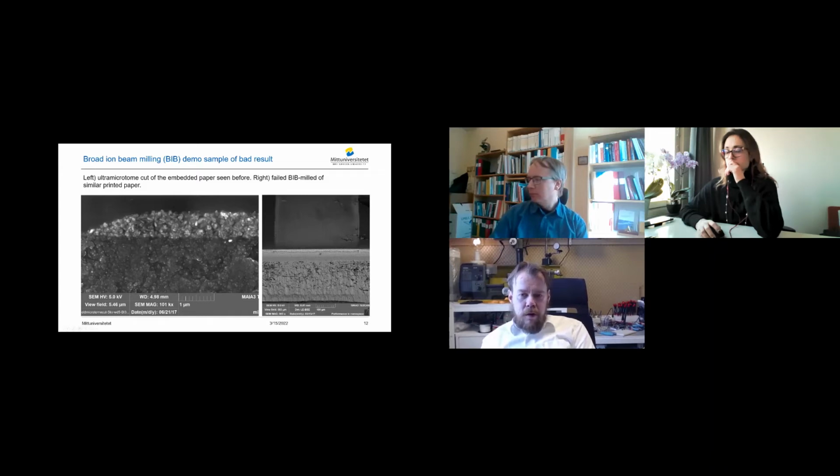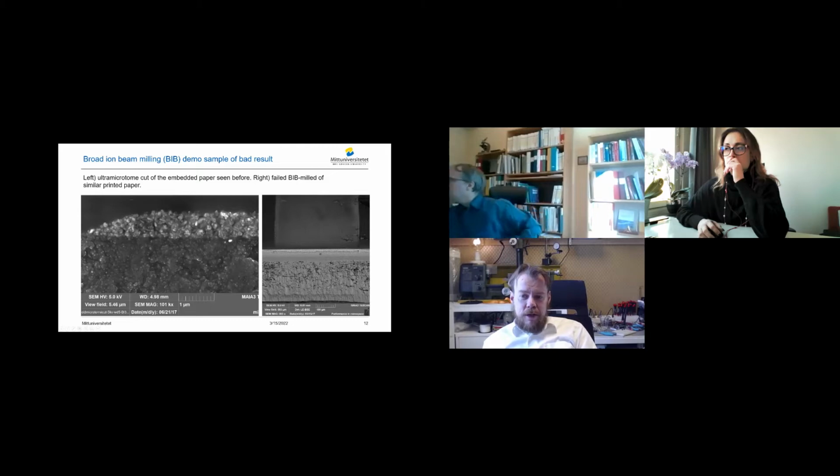The dark piece on the right image is the surface of the paper, and we can see the ink track. The ink track is like 500 microns wide or something like that. And this gray area is the cross-sectional view after it's been milled with this machine.